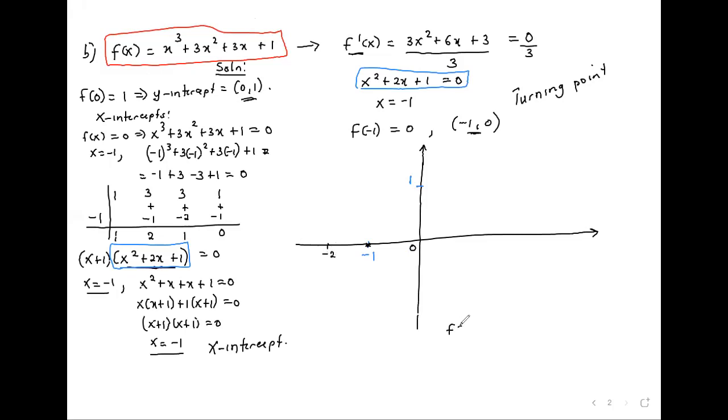We have f of -2. This is going to be -8. I'm substituting in the original function. So we get -8 plus 12 minus 6 plus 1. What do we get? That is -14 plus 13, which gives us -1.